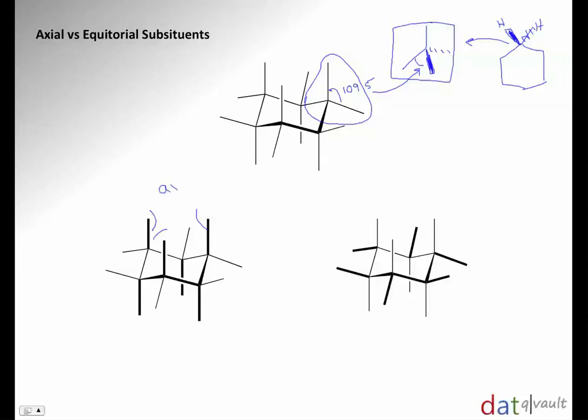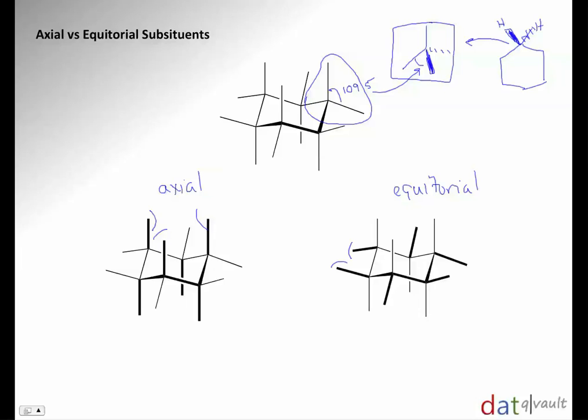So these are axial, meaning they're straight up and down, and equatorial, meaning they're pointed away from the ring. Typically, substituents in the equatorial position don't interact with any other substituent because they're out and away from anything else in the molecule.